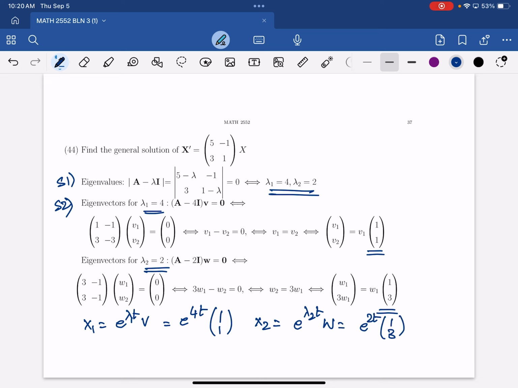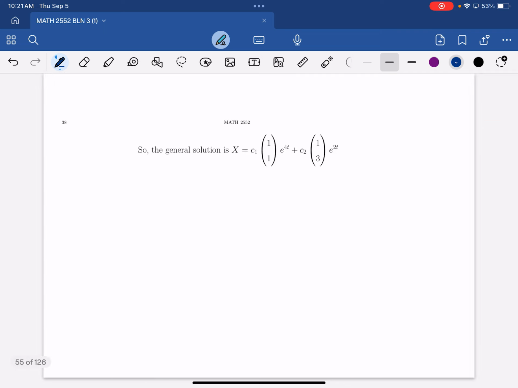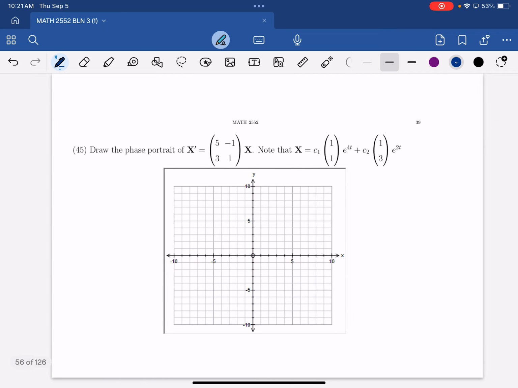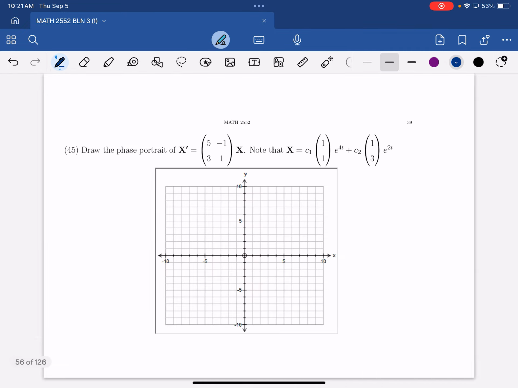So my general solution x is going to be C1 e to the 4t times (1, 1) plus C2 e to the 2t times (1, 3). Do you agree with me on that? That's my step 3, to find the general solution, and my general solution is here. Correct? Clear?